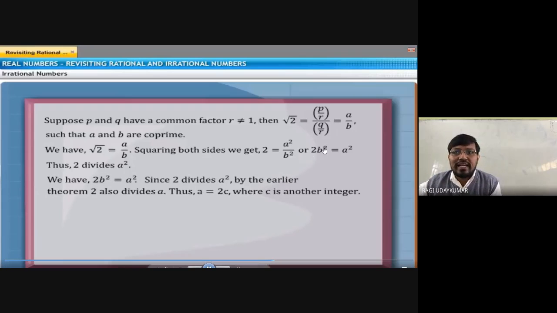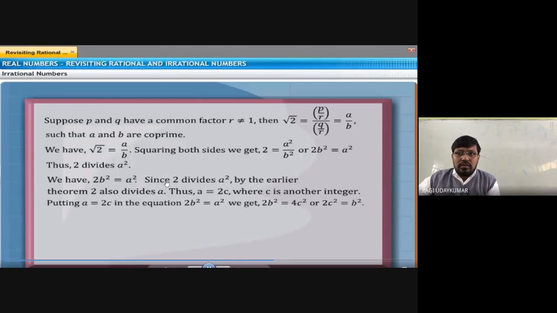2 divides 2b square, doesn't it? So that means 2 divides a square. We have 2 divides a square, then 2 should divide a also. Thus a can be written as 2c, where c is another integer.